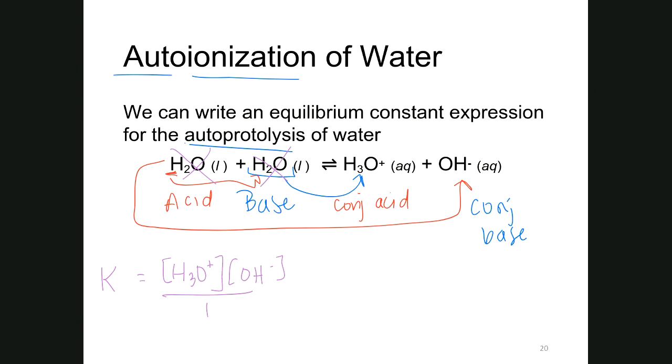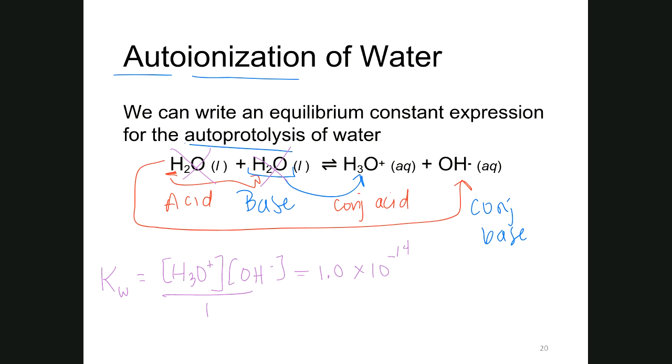But this is specifically called Kw. So we had Keq, we had Ka for acid dissociation, we had Kb for base dissociation. This is called Kw for water ionization. And the Kw that we're going to be using is 1.0 times 10 to the negative 14.